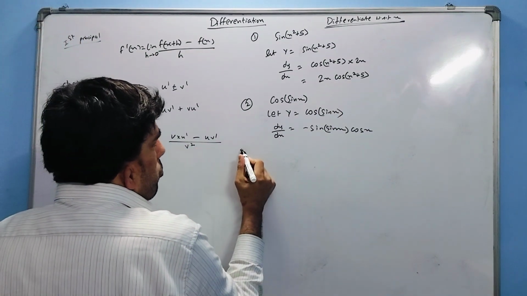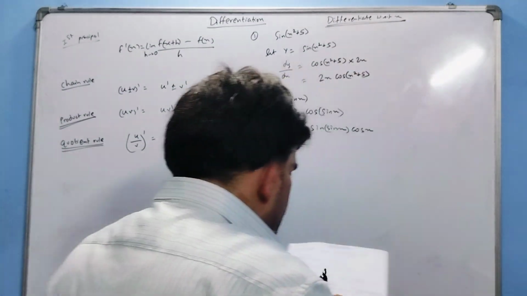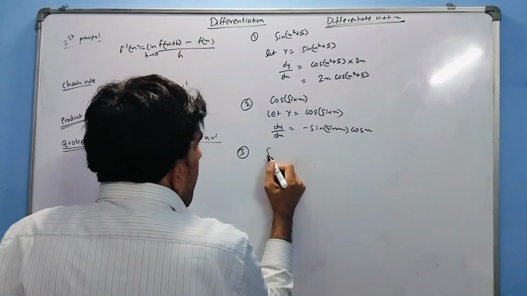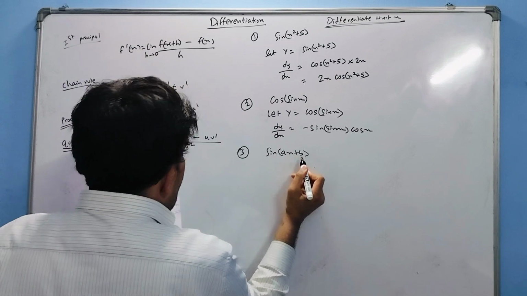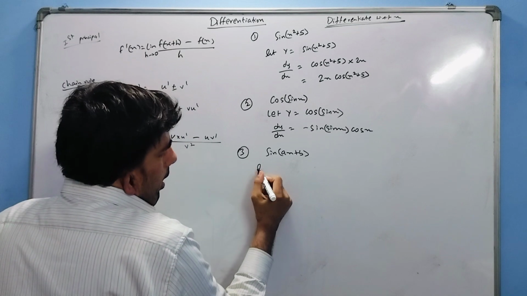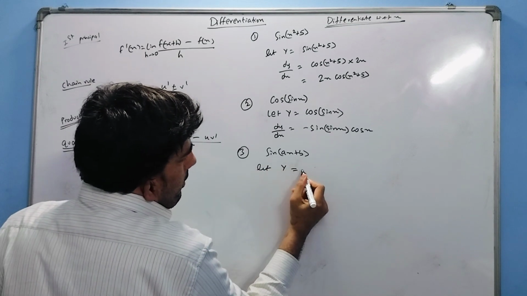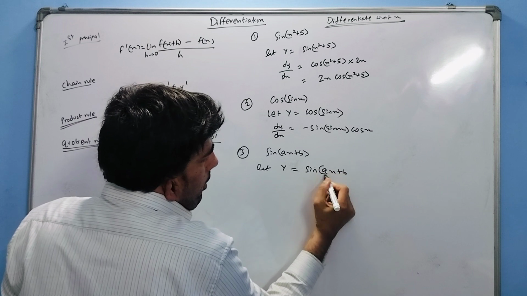Now let us try the third one. The third question here is sine of ax plus b. How to do it? A very simple way. First assume that y is equal to sine of ax plus b.